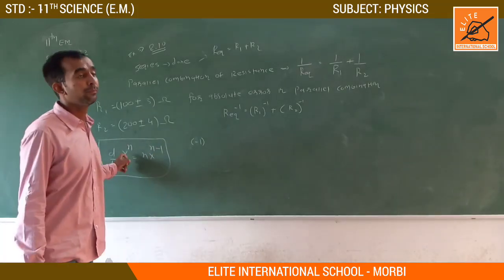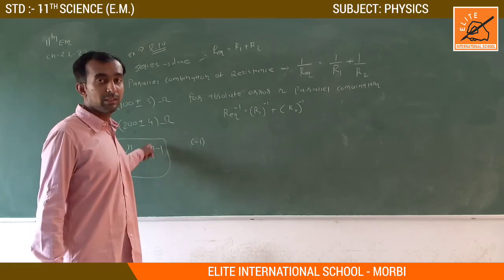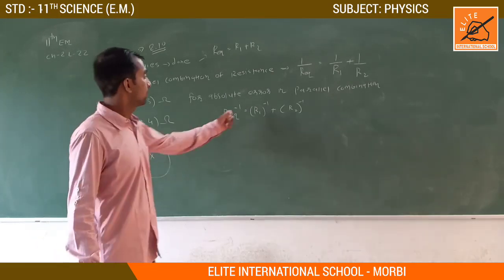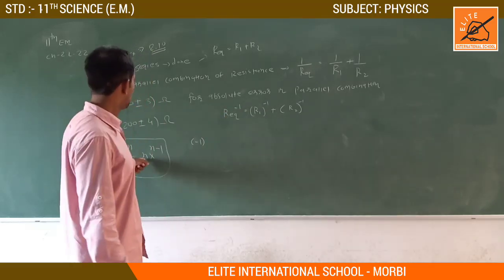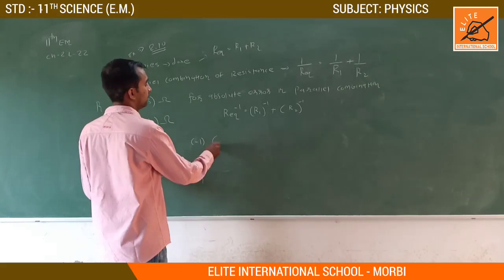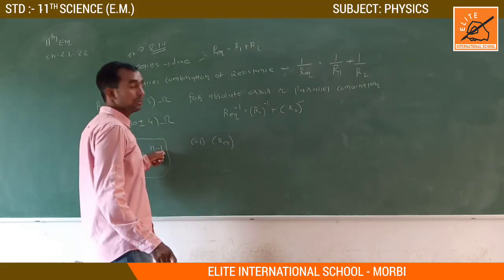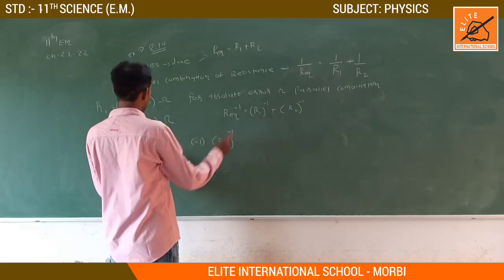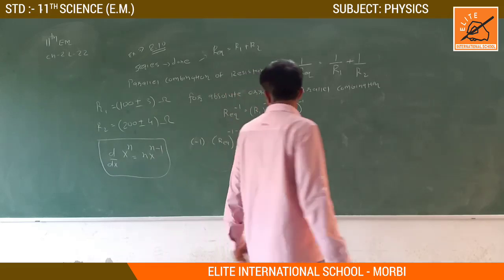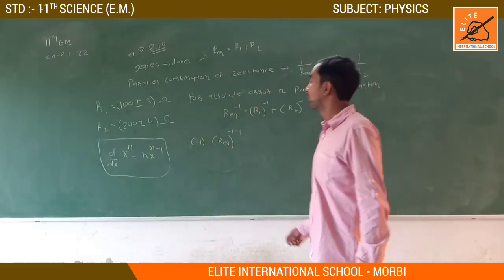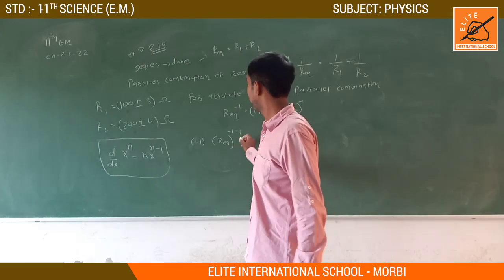Apply this: d by dx of x raised to n equals n into x raised to n minus 1. So what is the power? n equals minus 1. Minus 1 will multiply here. n is itself minus 1 and one more minus 1. Still R equivalent will remain.